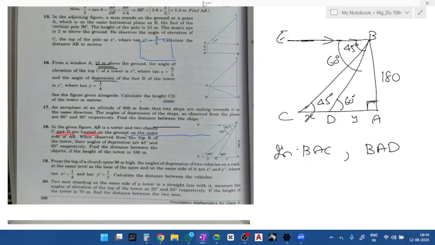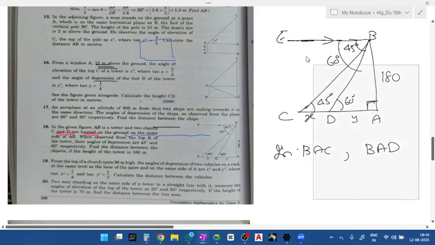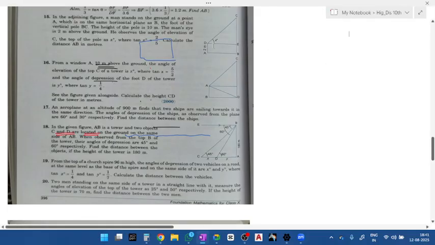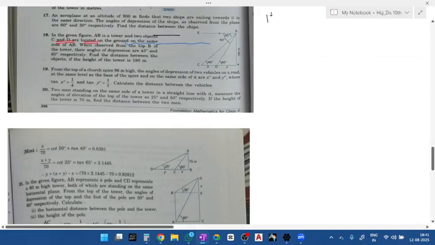Okay. We'll try the next one, the 19th question. Cherisha, tell me the 19th one. Explain to others. Read the first line. Yes, church spire.